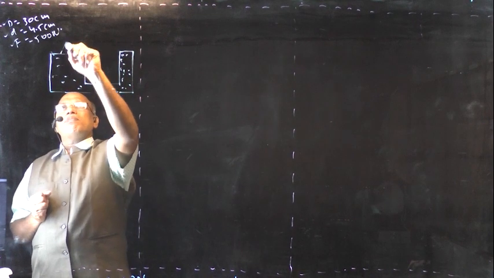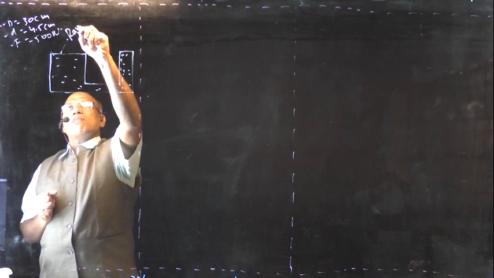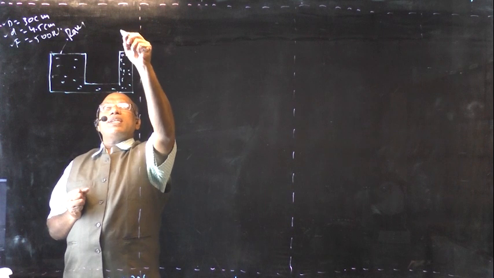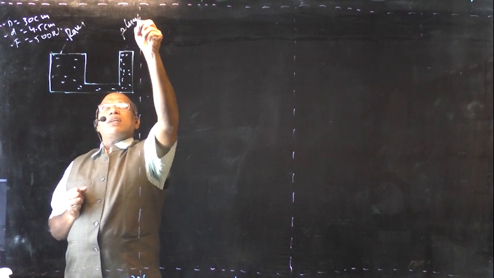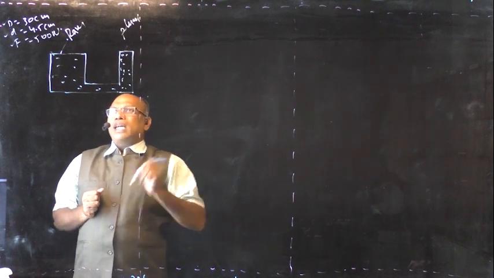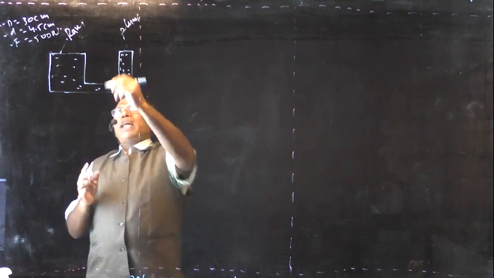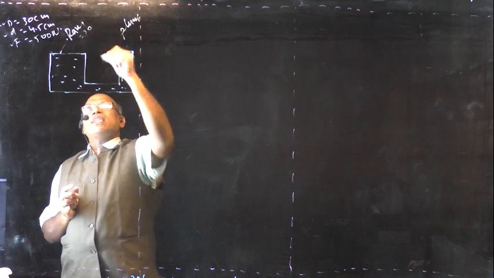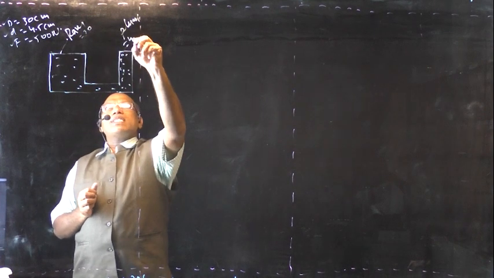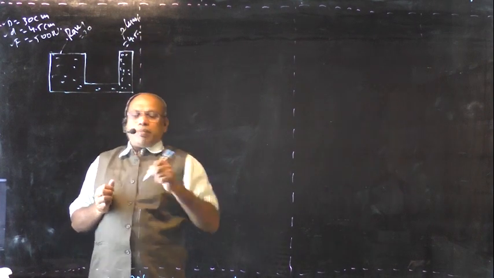This is the ram, this is the plunger. The diameter of the ram is equal to 30 centimeters. The diameter of the plunger is equal to 4.5 centimeters.